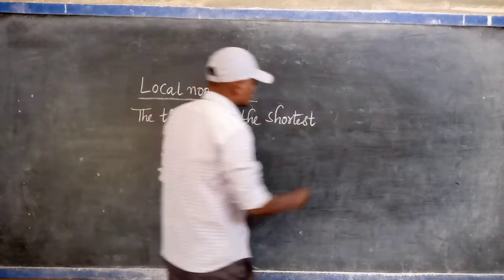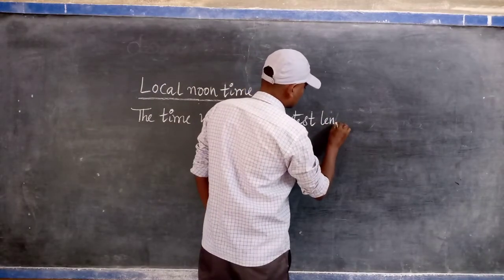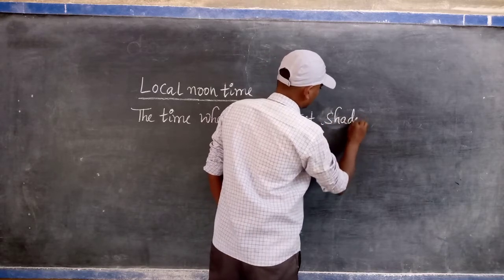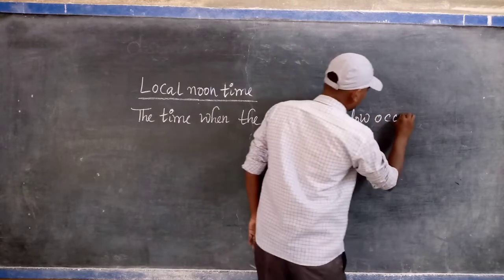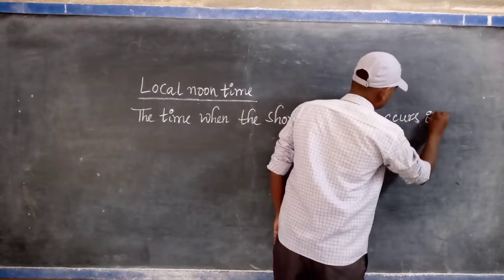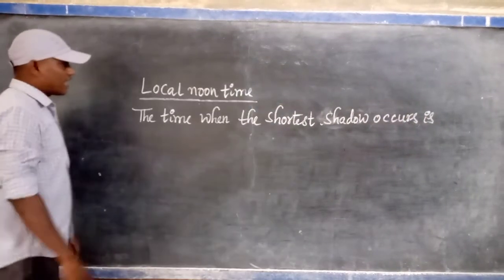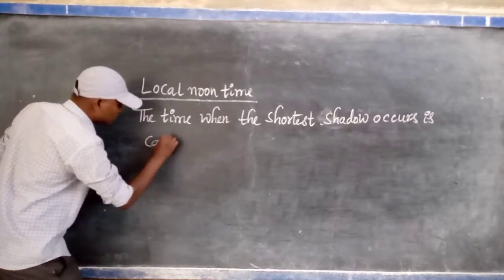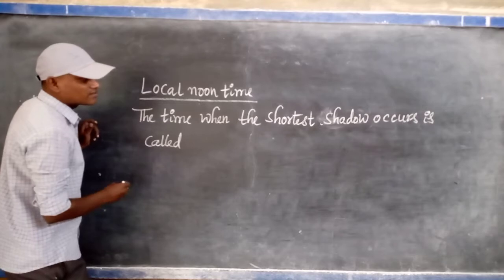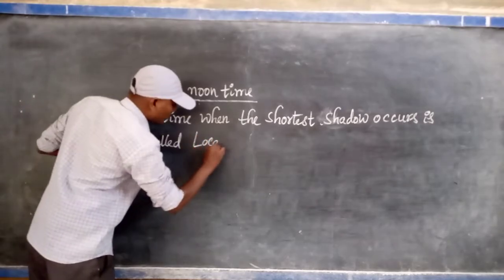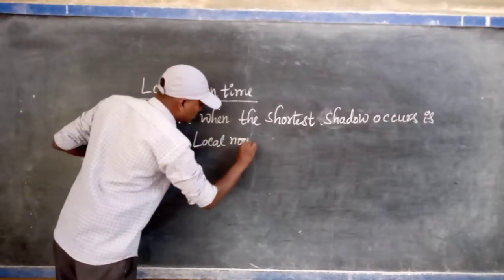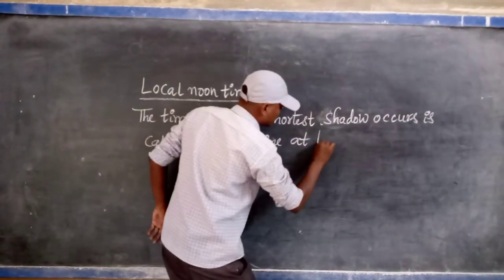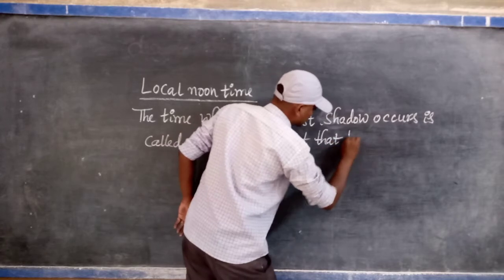The time when the shortest shadow occurs is called local noon time at that place.